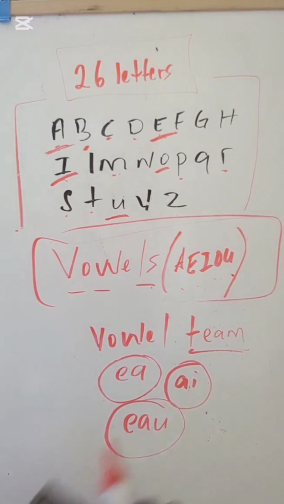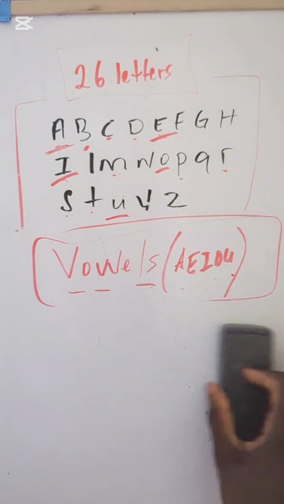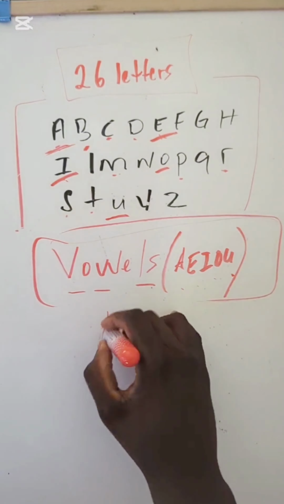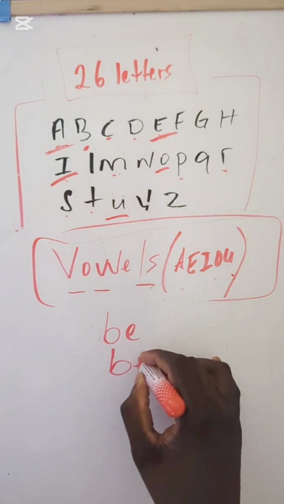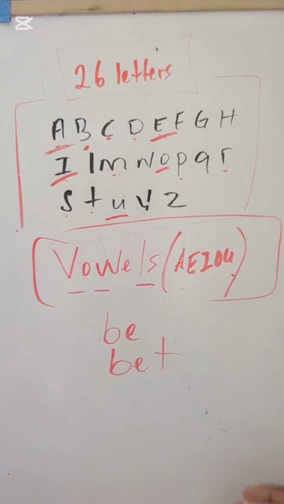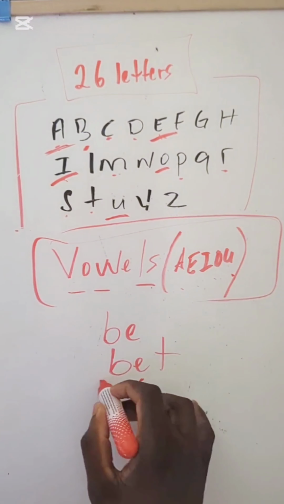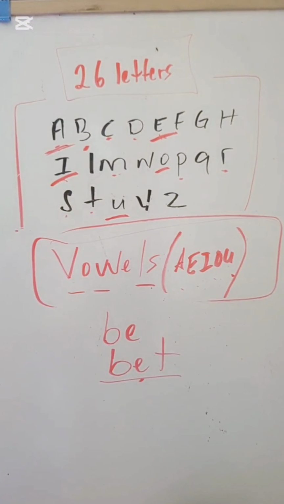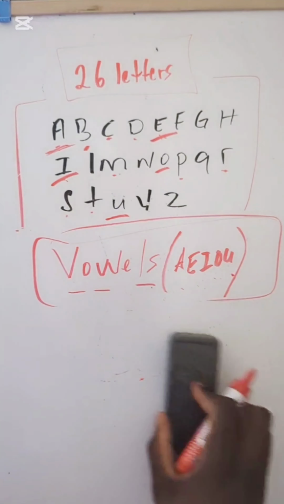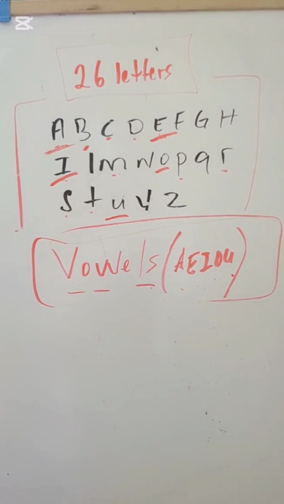So from the vowels, you have to know that you can have a short sound, which is E in the word bet, or you can have a long sound, which is E in the word be. You have digraph, you have diphthong, so on and so forth.